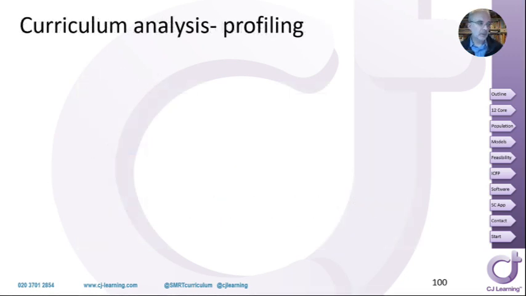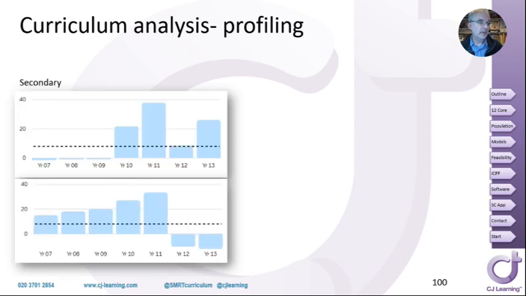Now, if we were to look at this profiling a little more deeply, we've already suggested that these charts show curriculum enhancement, that product of number on roll and the amount of curriculum that we've planned.